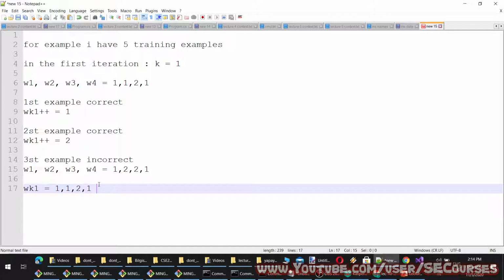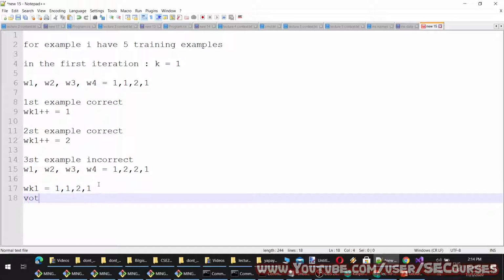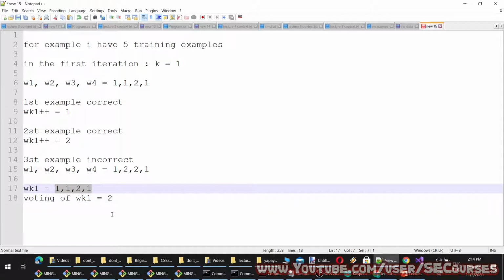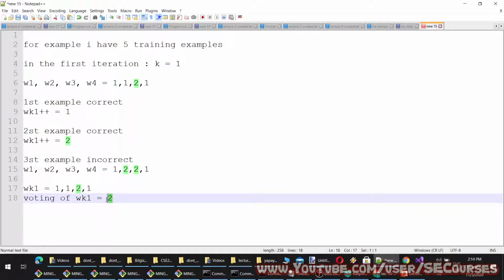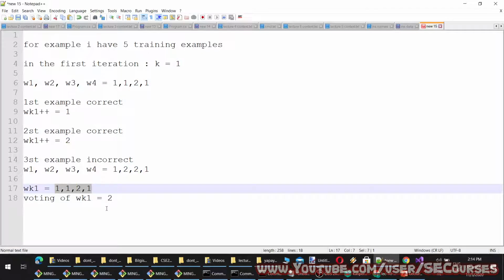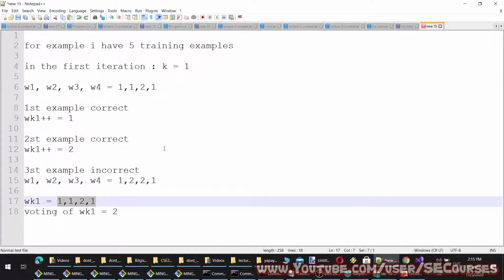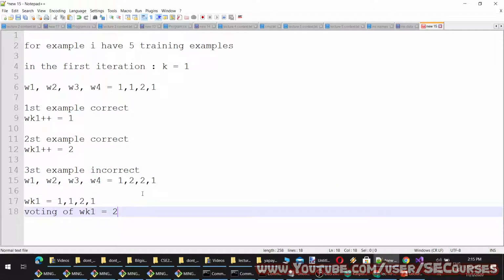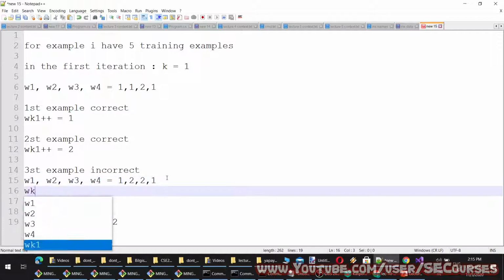The voting of vk1 becomes 2, because these weights correctly predicted 2 examples consecutively. Then it continues checking the examples with the newly updated weights, and this one gets, of course, 1.